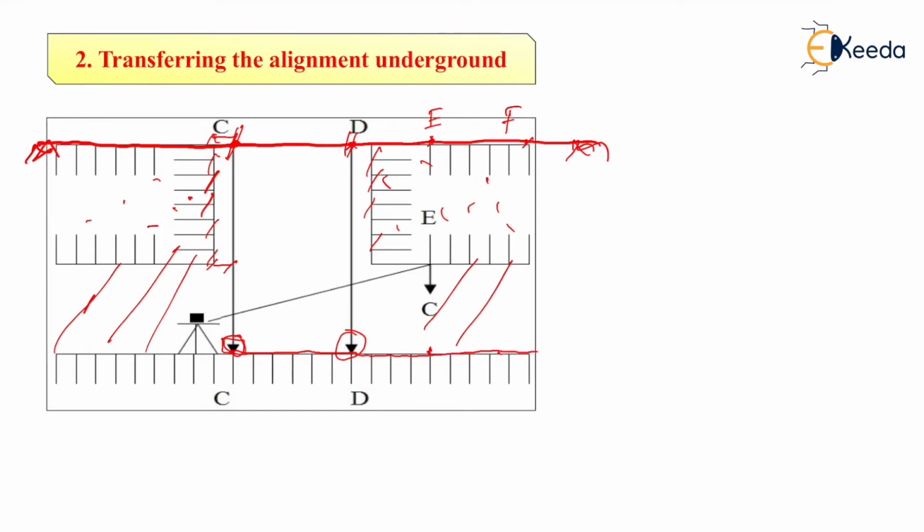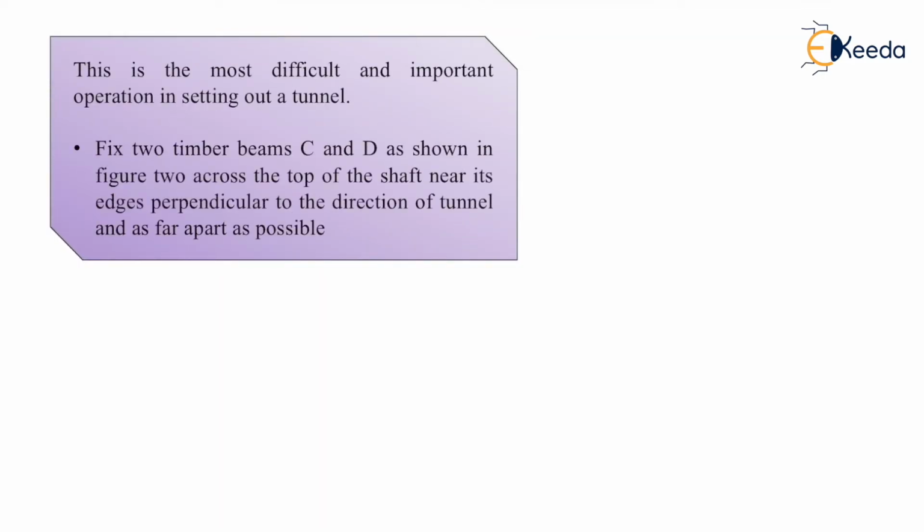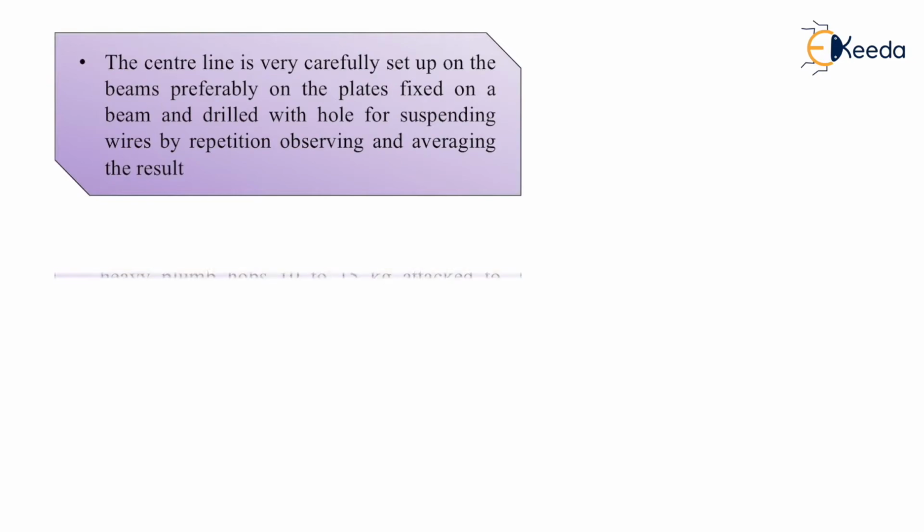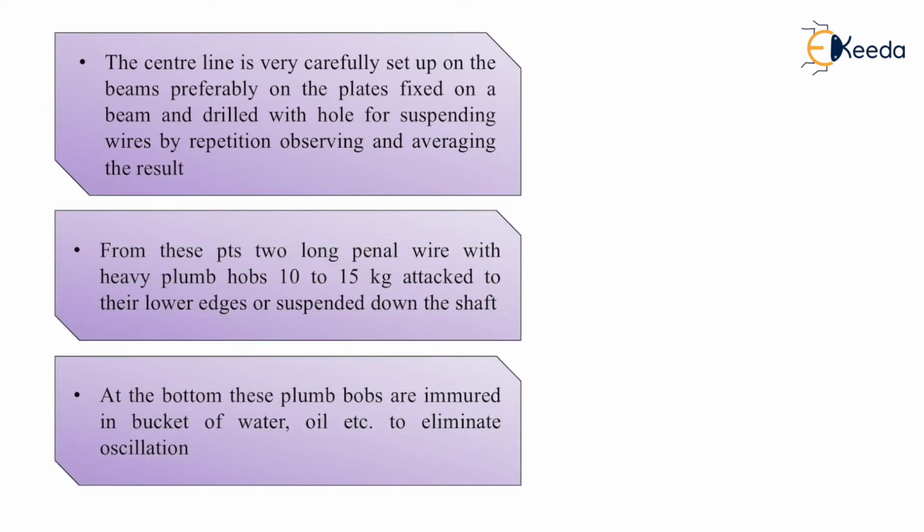After finding out the alignment, that is the center line of your tunnel underground, the next procedure is to transfer the level underground. Whatever I have explained till now is given in your next slides, that is how to shift the alignment underground.